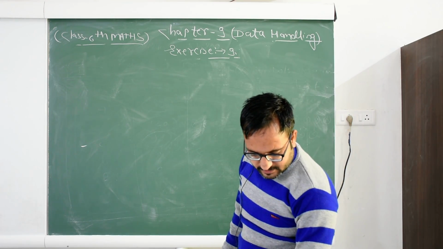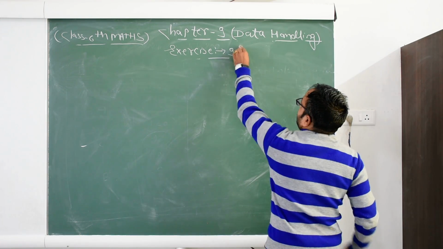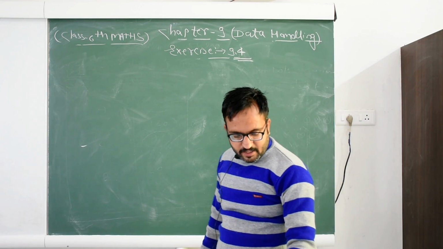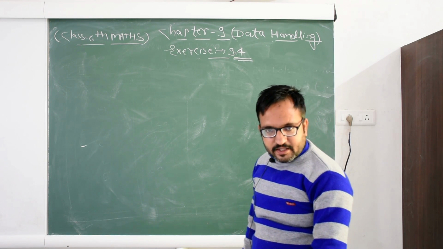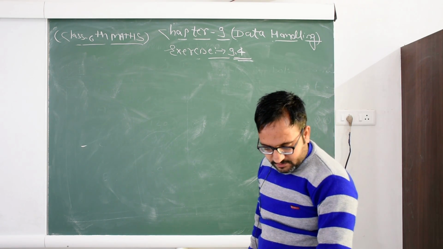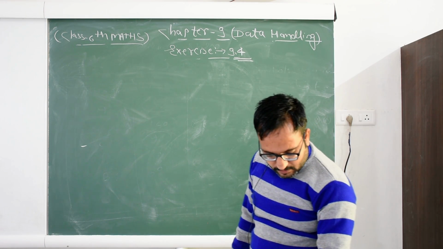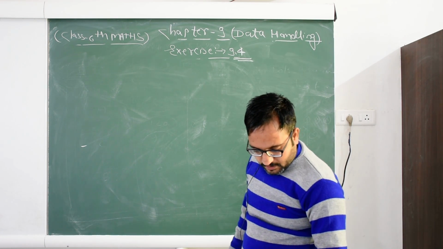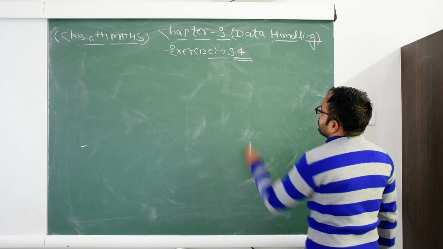So now we solve exercise 9.4. We have a table, a survey of 120 students was done to find their activities. Draw the bar graph to illustrate the above data, taking 1 unit equal to 5 students.